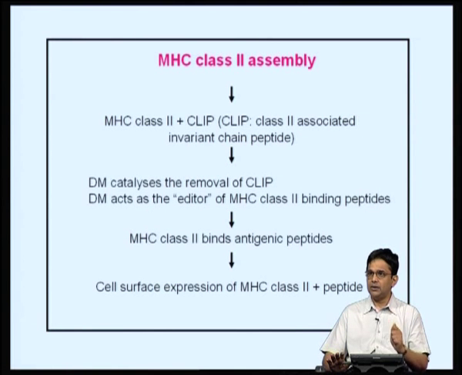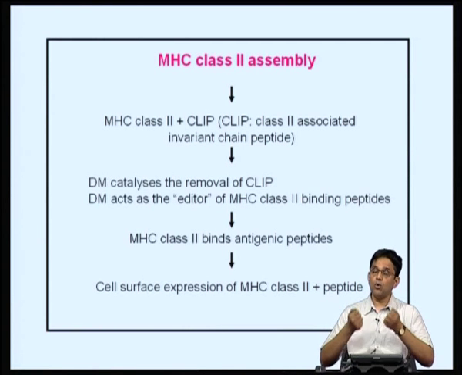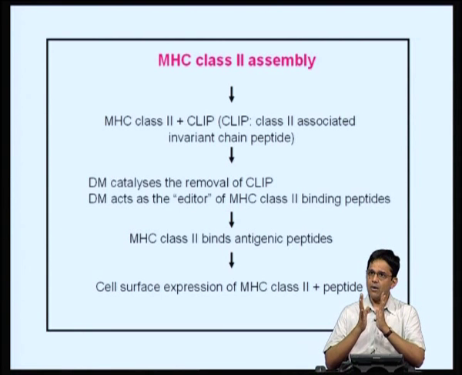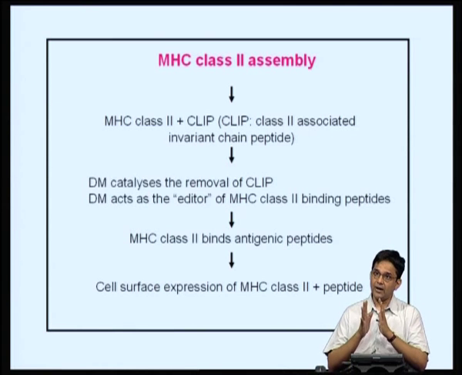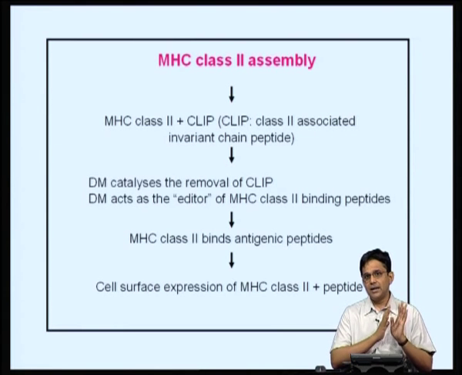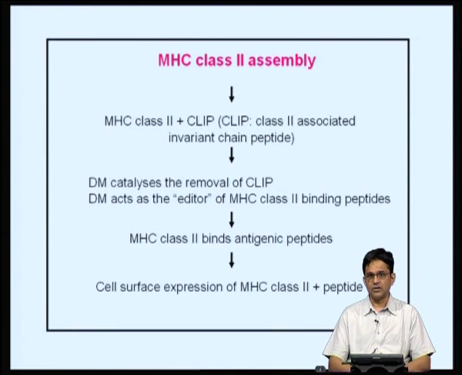What DM tries to ensure is that you have very high affinity binding peptides or slow off-rate peptides that bind to MHC class 2, so that the MHC class 2 molecules are stable. And I talked to you about the analogous role of cathepsin in MHC class 1 that has a similar function.